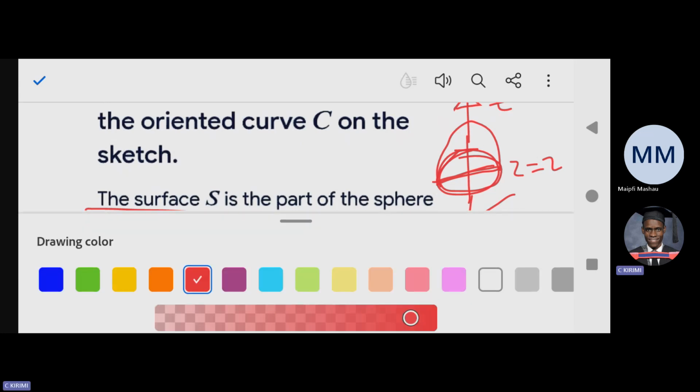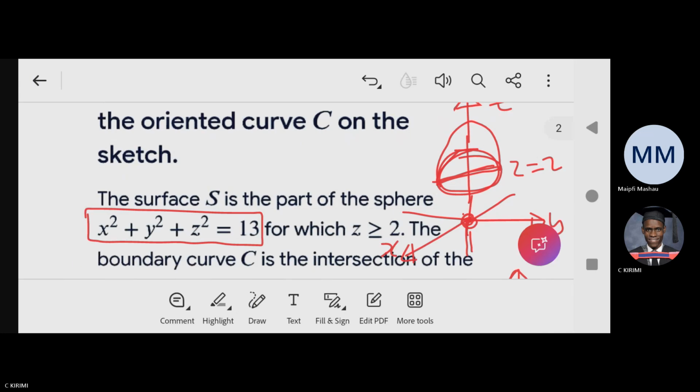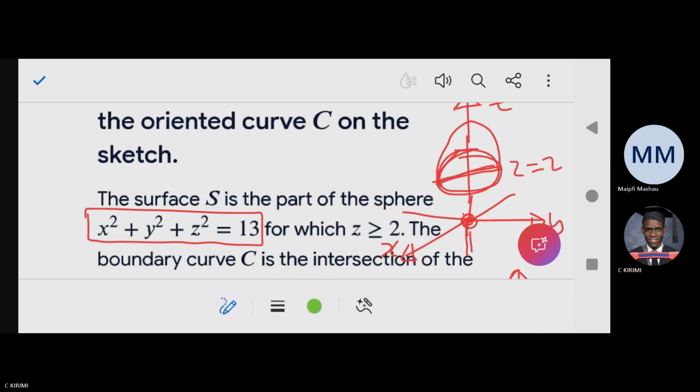Let's use a different color. The curl in green, which is anti-clockwise. So if we are moving upwards, the integral over C, that curl, is anti-clockwise.